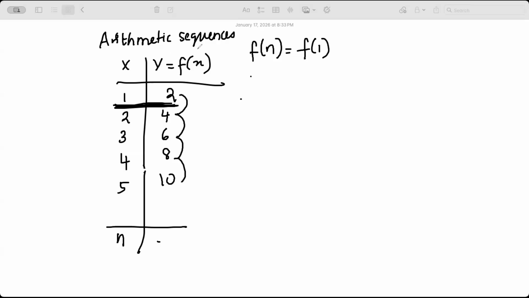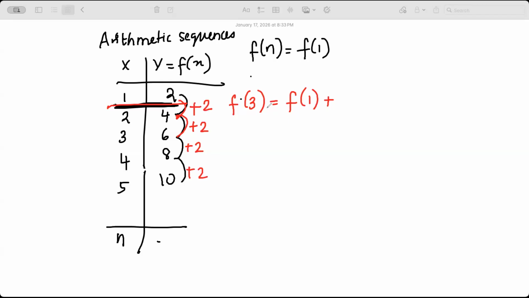Think about it closely. You don't need to go to n. Let's write it for f of 3. You have f of 1. What do you do with f of 1 to get to f of 3? Plus the difference. Yeah, but how many differences? N minus 1 times the difference.